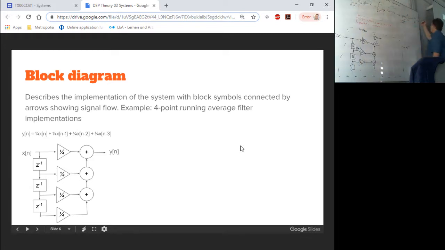We can do the same thing also for these feedback terms, since we know that at this point we have the current output, which means that if we take the current output, we can always save it to the next round on a delay chain. So here we have y of n minus 1, y of n minus 2, and so on.